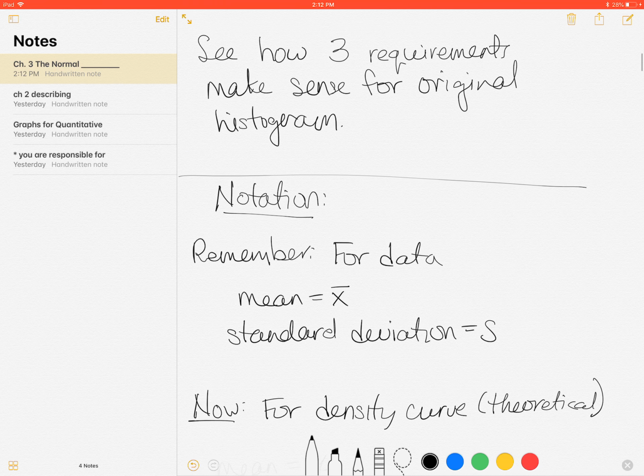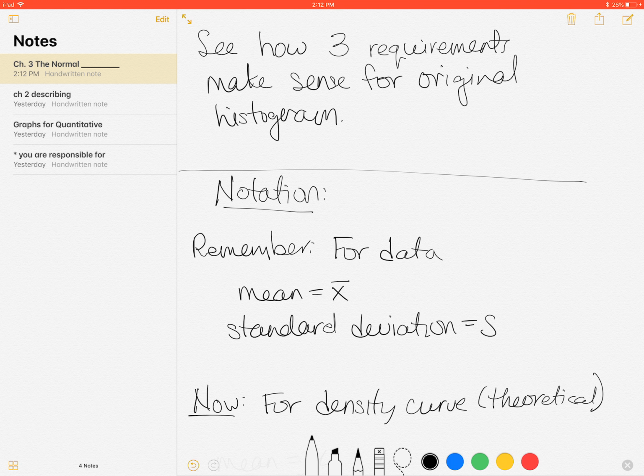So, some real quick notation. If we remember from Chapter 2, when we collect data and, say, put it into our calculator, we calculate the mean of our data and we call it x bar. We sometimes call this the sample mean, the sample being the stuff we took data from.